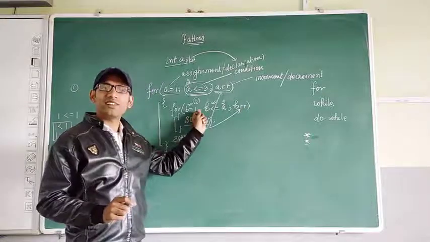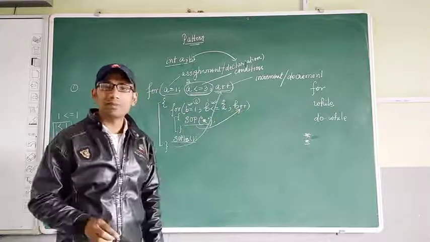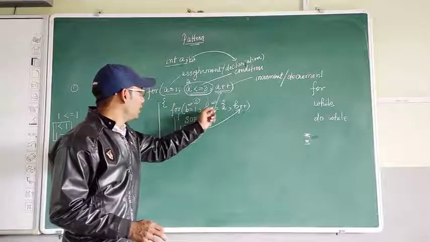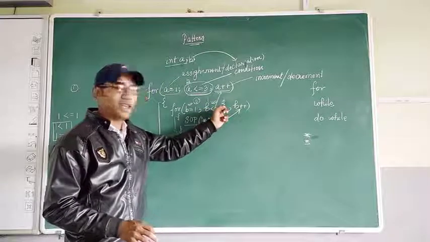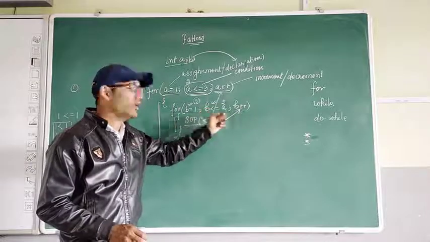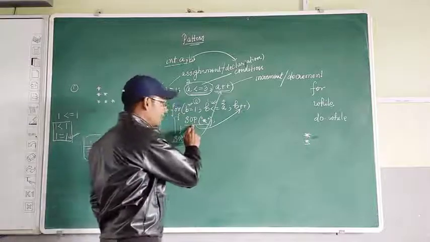Value of b starts every time with 1. Because of this plus plus sign, b will become 2. So is 2 less than or equal to a? a is 2. So is 2 less than or equal to 2? True. That means again this will be executed.